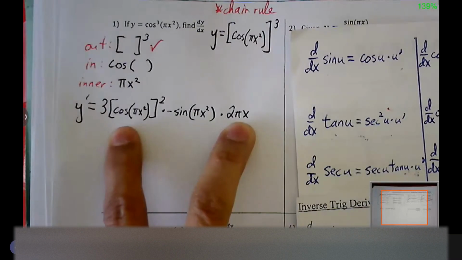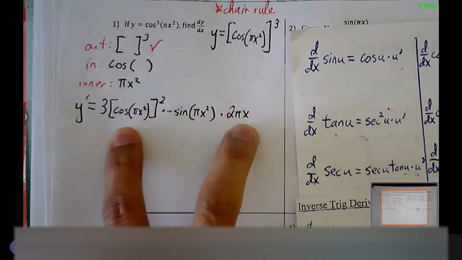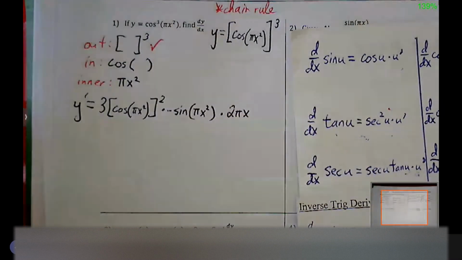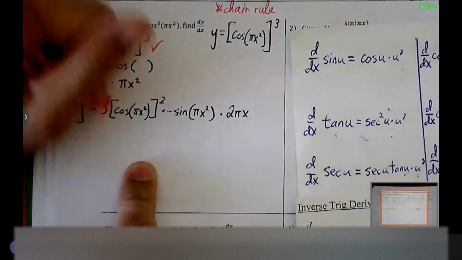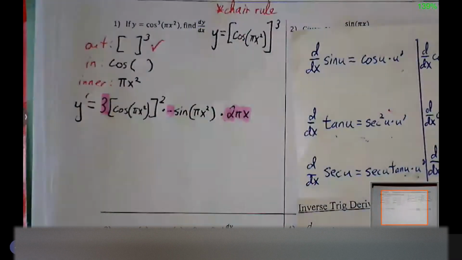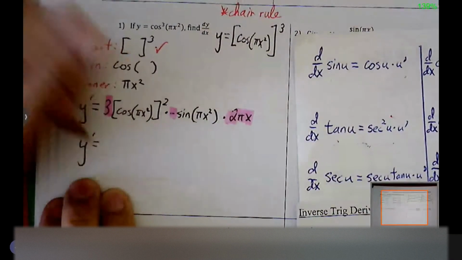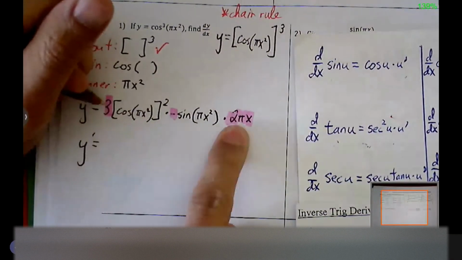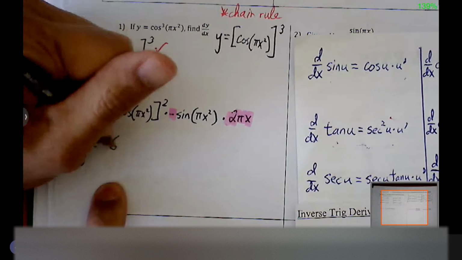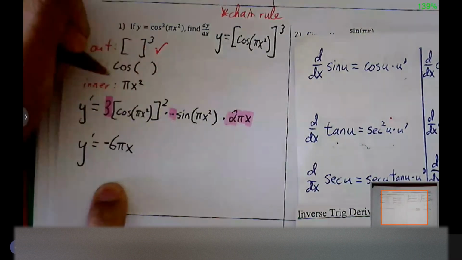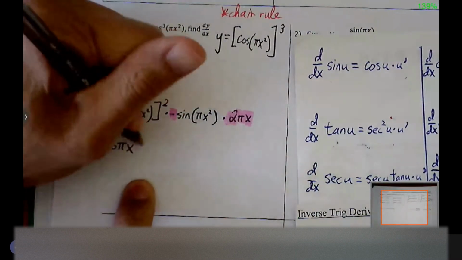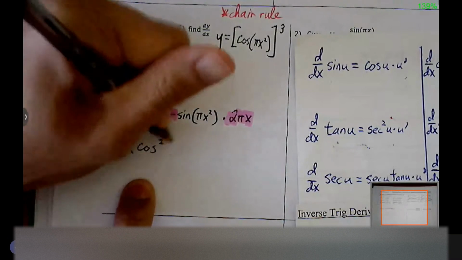All right, any questions here? So this form is fine. I like to clean up those, so I'm going to try to push all the coefficients in front, the non-trig expression portions out in front. So 3 times -1 times 2 pi x. The bracket squared is fine, but I'm going to bring it back down.